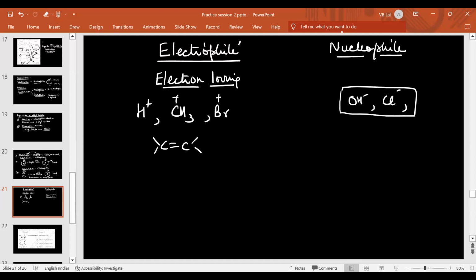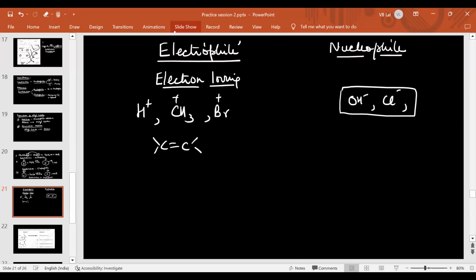Things which are positively charged, which can accept a pair of electrons, are electrophiles. If one electrophile is being replaced by another, that is electrophilic substitution. When one nucleophile is being replaced by another one, then it is nucleophilic substitution. So you have to just practice and learn that.